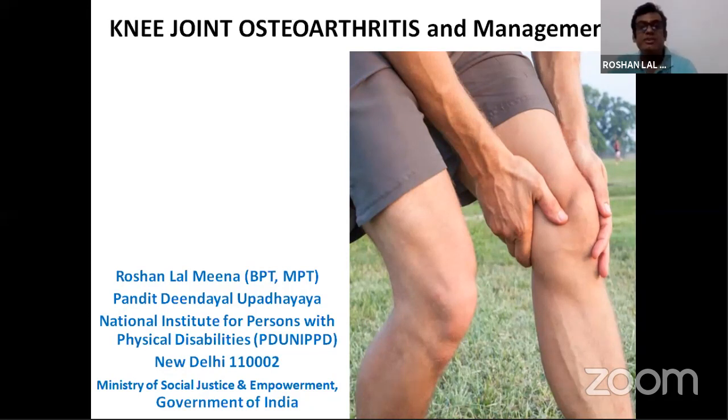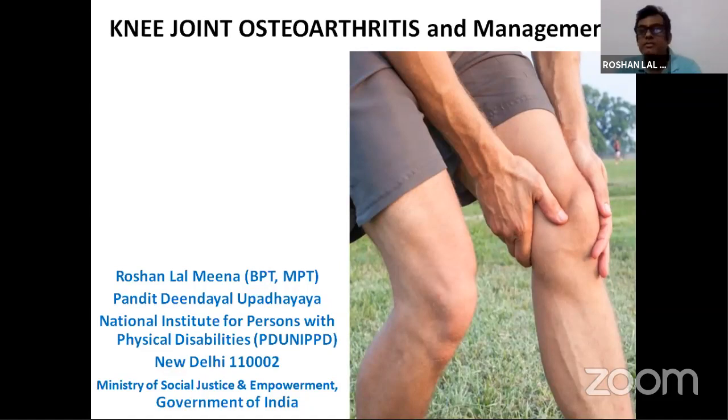Today we'll discuss knee joint osteoarthritis and its management. Osteoarthritis is a very common disease which usually begins after the fifth decade of life, and almost all individuals are affected by the disease if they live long. The disease commences with mild symptoms like pain and stiffness in the joint, and these symptoms progress from moderate to severe, like difficulty in movements, difficulty in walking, difficulty in stair climbing and descending, and difficulty in functional activities.